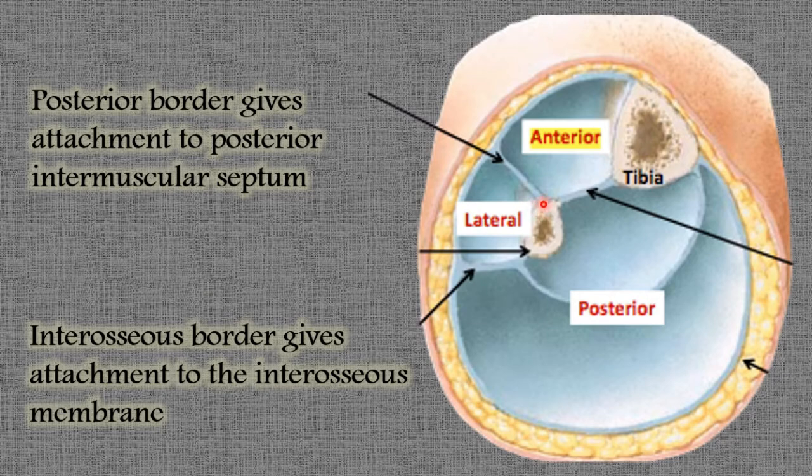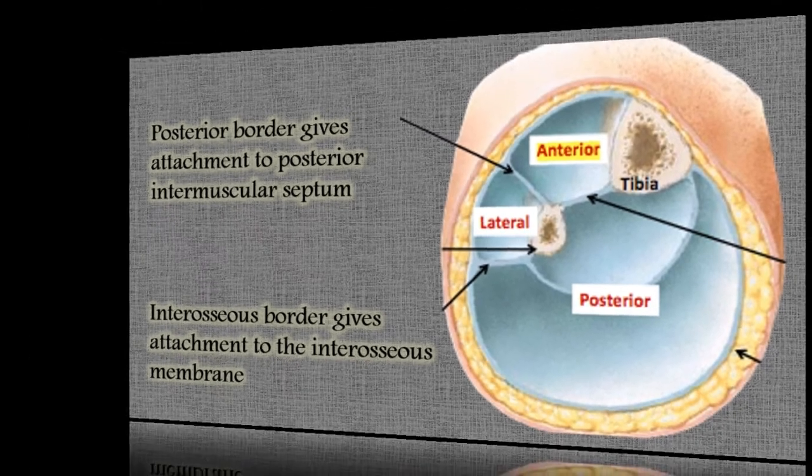The anterior border of the fibula gives attachment to the anterior intermuscular septum, which separates the anterior compartment from the lateral compartment, whereas the posterior border of the fibula gives attachment to the posterior intermuscular septum, which separates the lateral compartment from the posterior superficial compartment, or you can say the lateral compartment from the posterior compartment. I hope we are clear. This was not that difficult, I guess.